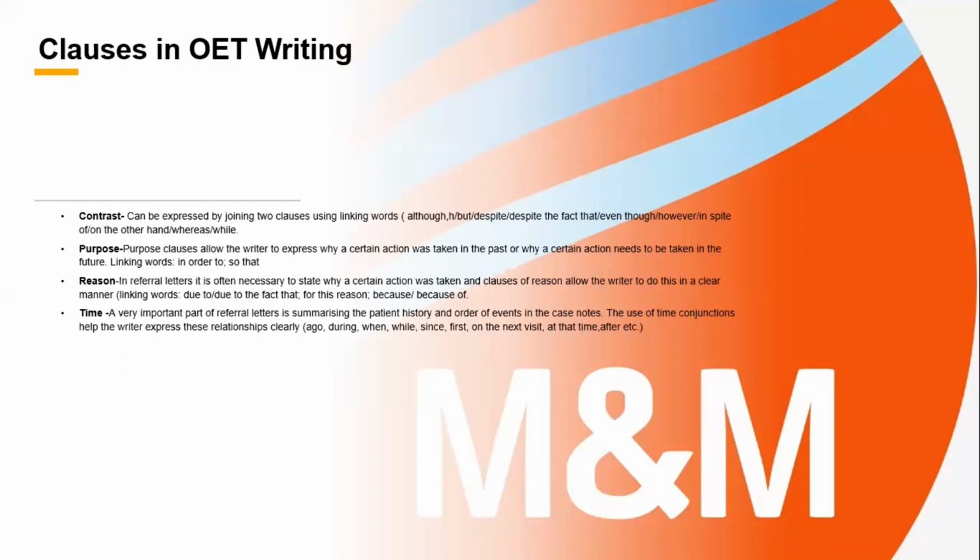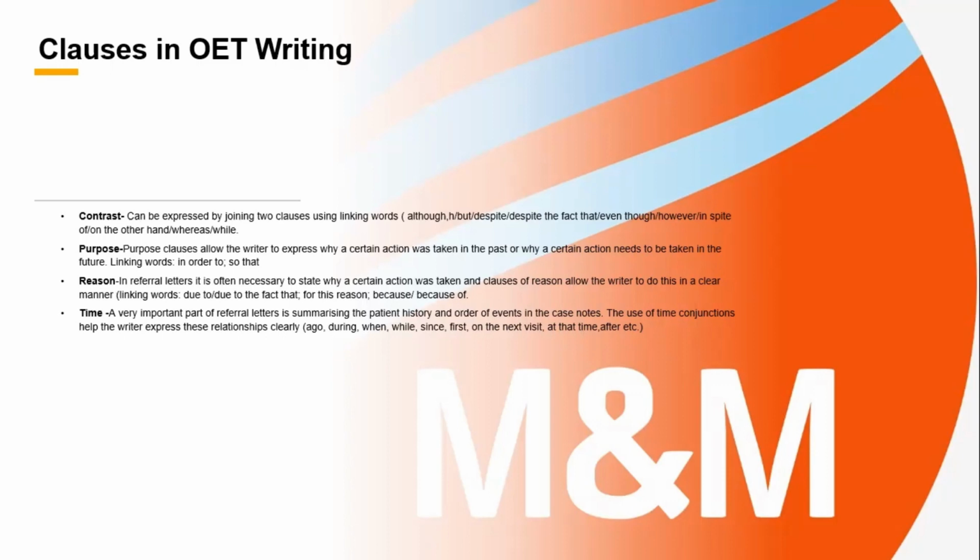Clause of reason and clause of time. Okay. So basically, we have to see that if we have something to contrast, for example, without using but, you need to see how you can contrast. For example, although he has been taking this medicine on time, he has not been able to improve his pain.